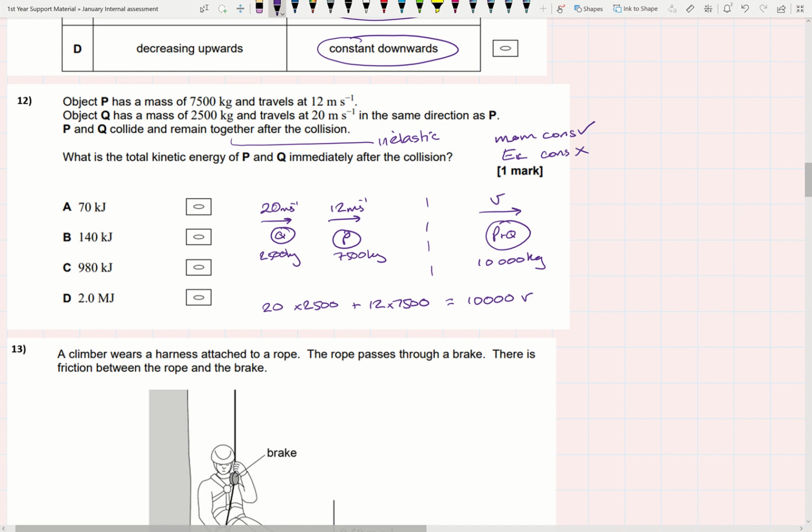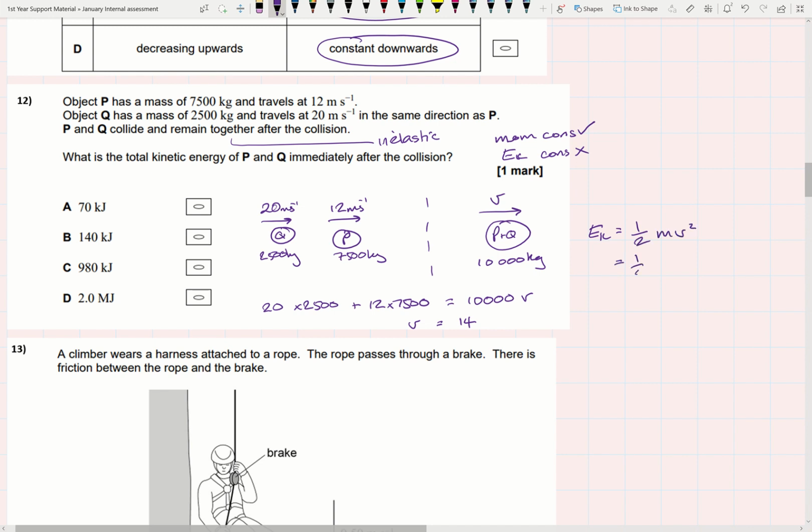I go 20 times 2,500 plus 12 times 7,500. The way I do this is I press equals and I divide that by 10,000, giving me V is 14. So after the collision, I know my kinetic energy is a half mv squared.